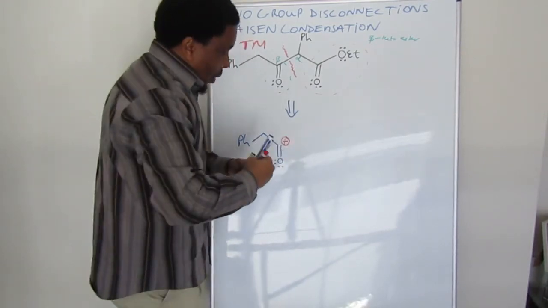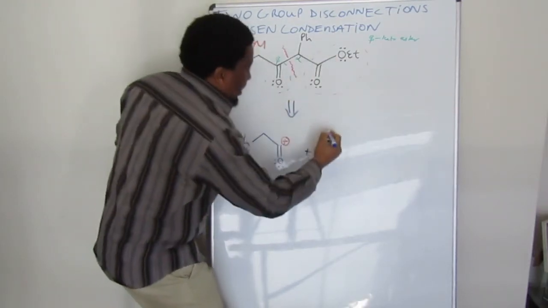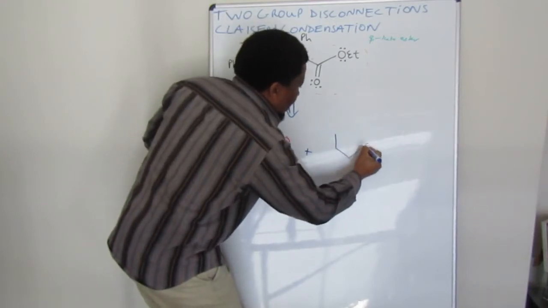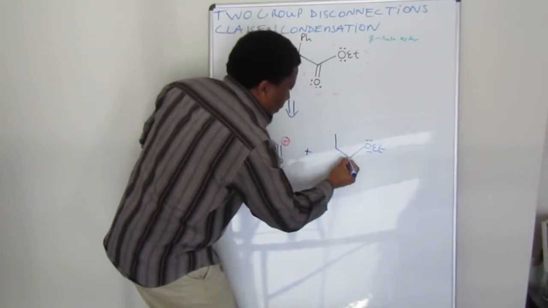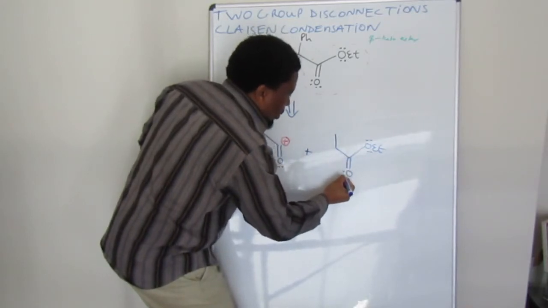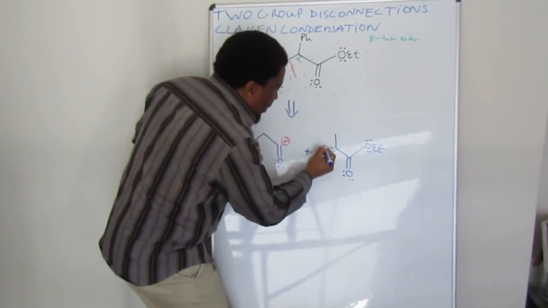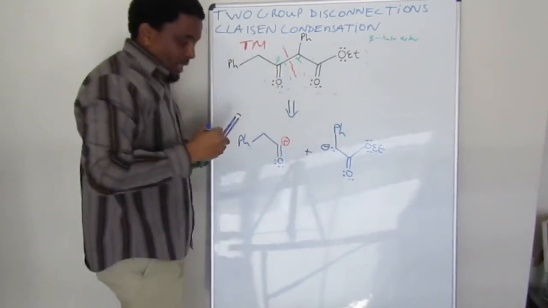The other fragment that I'm going to get on that side would be this here, your OEt, then there's your double bond O there. This would have been negative. This is your Ph there now.